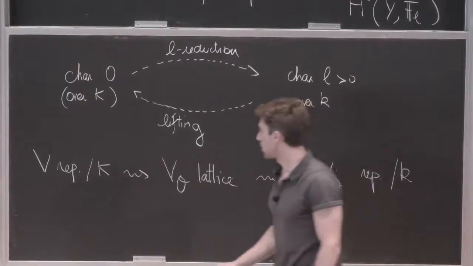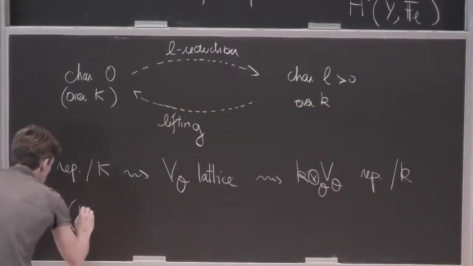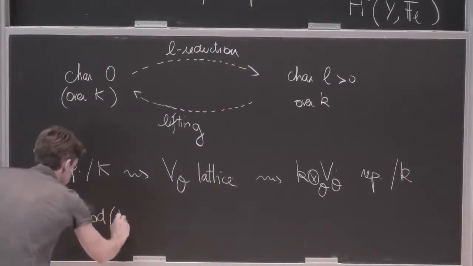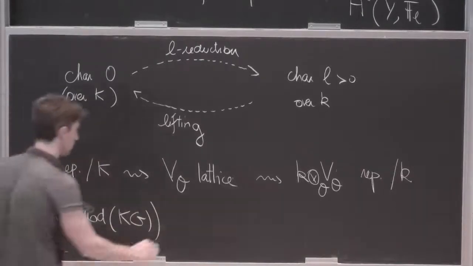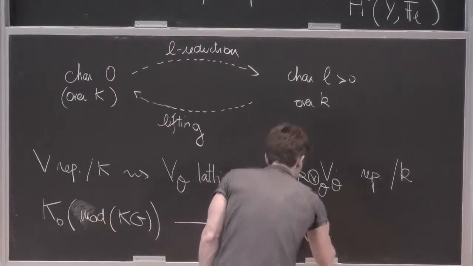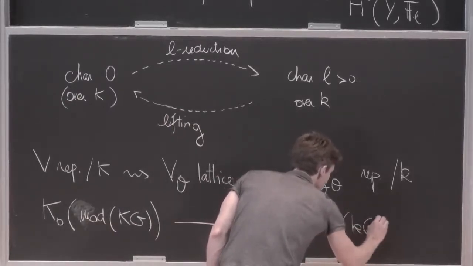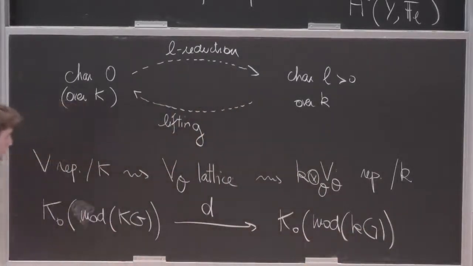Which means that you will have a map from the Grothendieck group of your representations over K to the Grothendieck group of your representations over k. Okay, so that's the fancy way to state it, and let's call it D for decomposition.